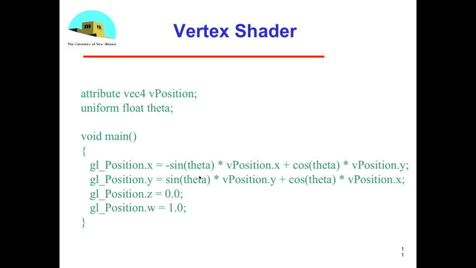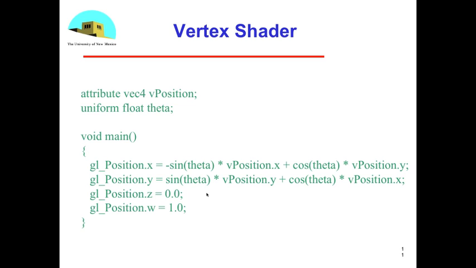I now apply a transformation, which is equivalent to a rotation, which converts them to the 4 points on the unit circle. I set the z value to 0, the w value to 1, and that's my little vertex shader, and the fragment shader can just set the color to a constant color, and that's enough.